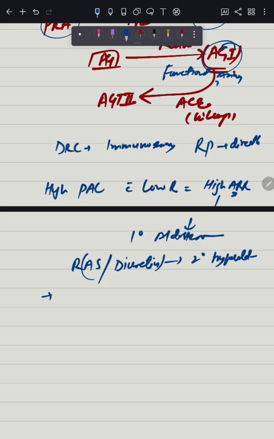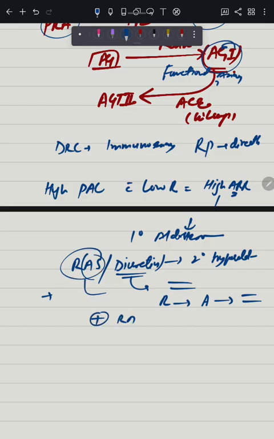Because diuretics will lead to a decrease in volume in the blood vessels, and it will activate RAS. So both renin and finally aldosterone will be high, leading to restoration of circulating volume. So whichever state gives stimulus to the RAS system will lead to secondary hyperaldosteronism.